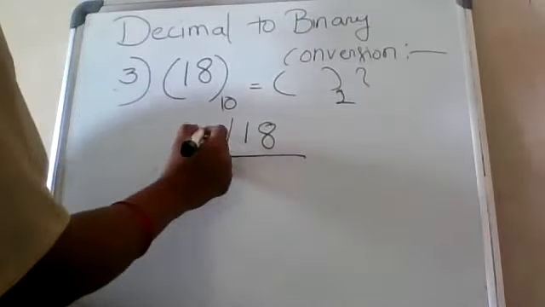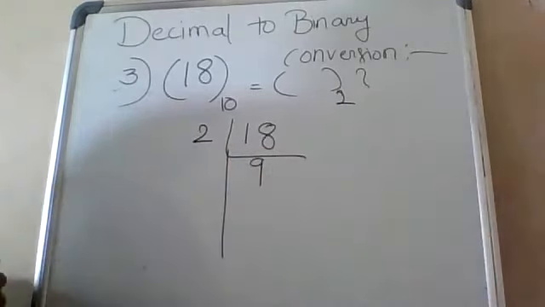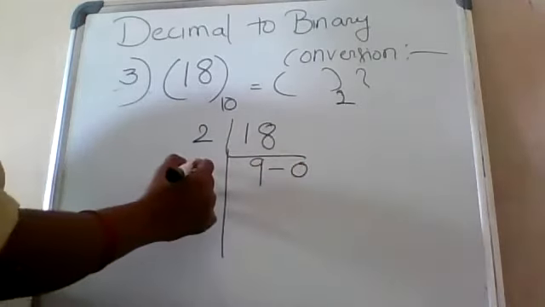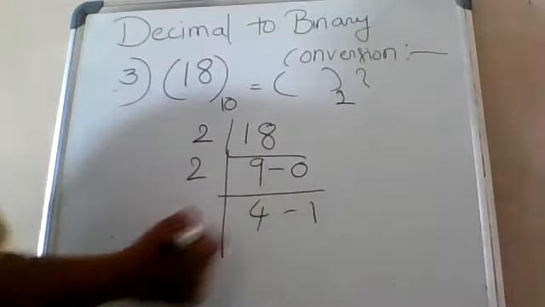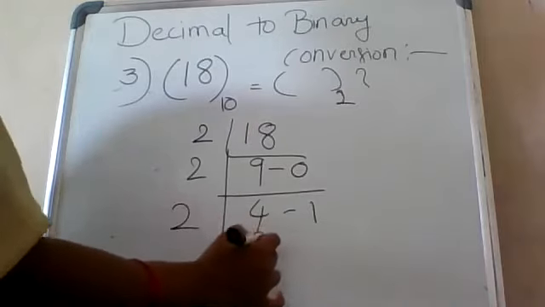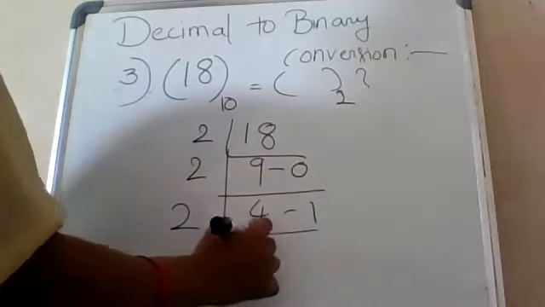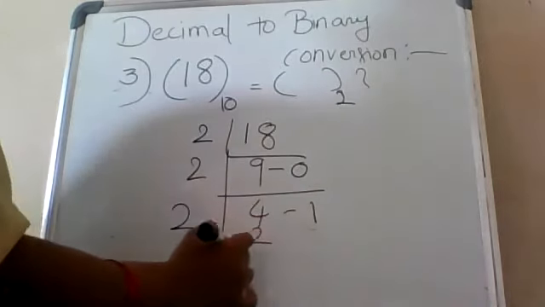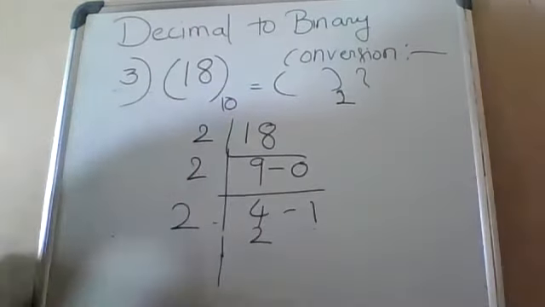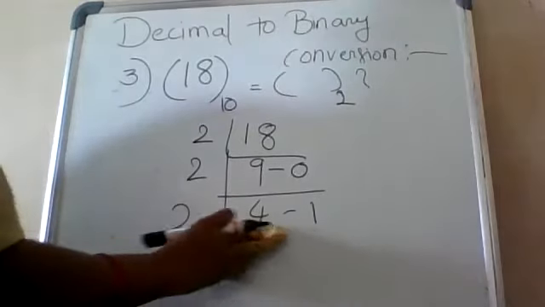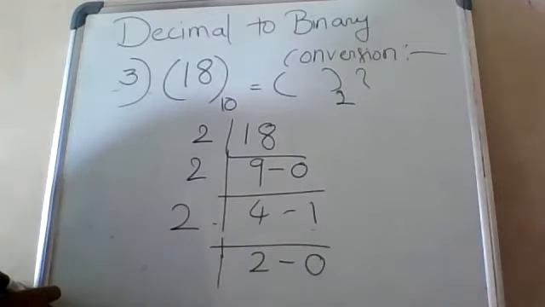18 divided by 2. 2 9s are 18, remainder 0. 2 4s are 8, remainder 1. 2 2s are 4, remainder 0.